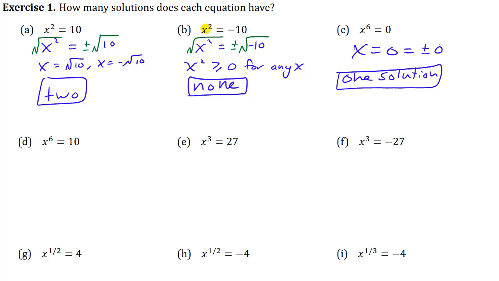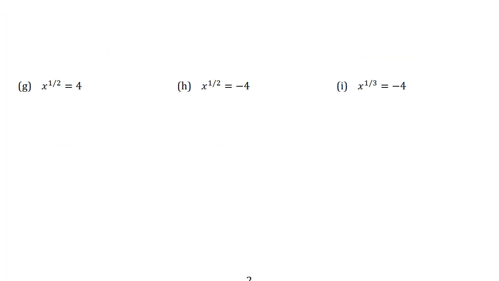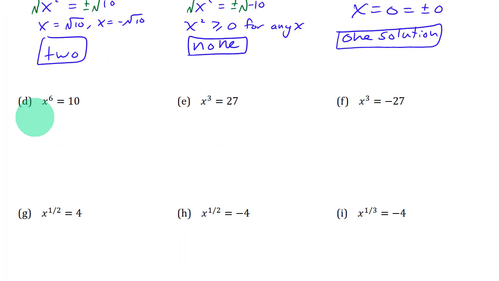All right, let's look at x to the power 6 equals 10. So you've got this, x to the 6. If you want to undo that, you could undo that with a sixth root, or raising it to the power 1 over 6. But because 6 is an even number, the rule is you've got to include the plus or minus.